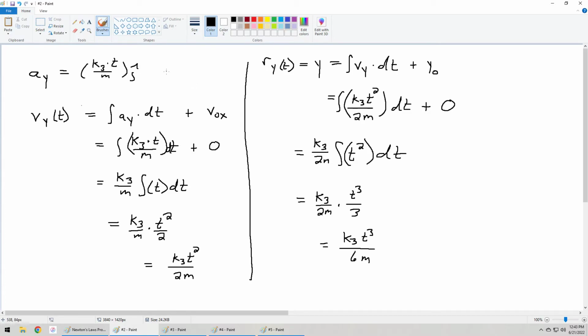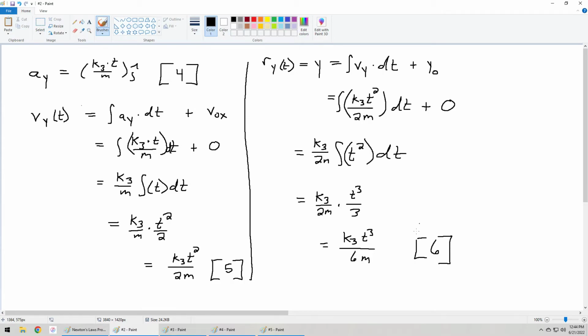I'm going to start numbering these here, beginning at number 4, and you'll see why in a moment. We'll call the acceleration vector y component equation number 4, the velocity y component equation number 5, and the y component of the position number 6.